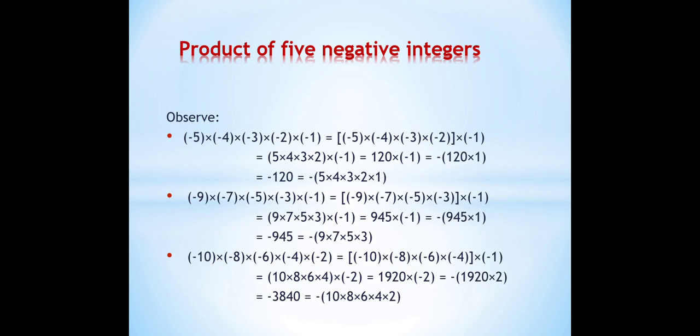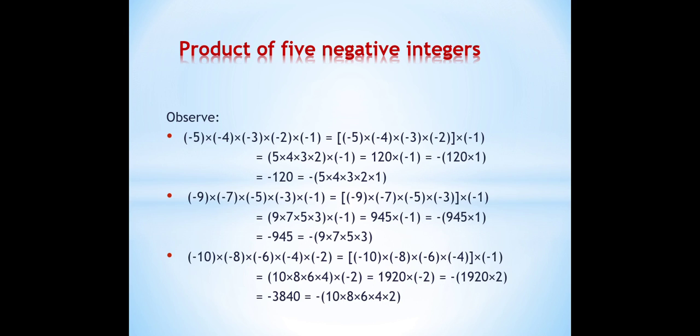So minus 5, minus 4, minus 3, minus 2 is converted to 5, 4, 3, 2, and we have multiplied this. We get the result 120 into minus 1, which will be minus 120 into 1, that is minus 120, and minus 120 can be written as minus 5 into 4 into 3 into 2 into 1.